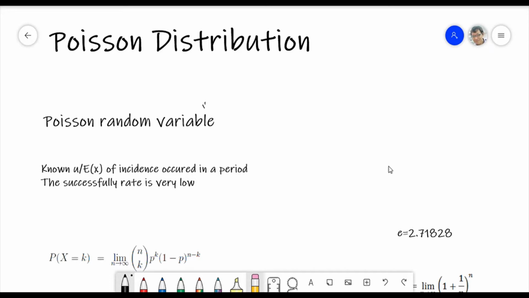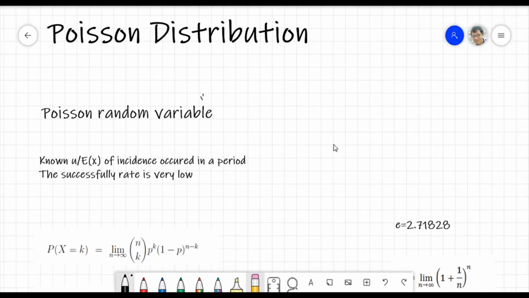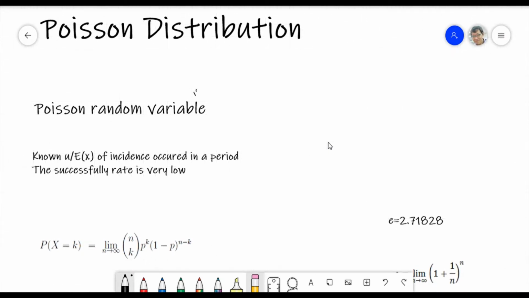Let's start first with the Poisson random variable. What should a Poisson random variable meet? What's the standard here? In fact, there are three standards.